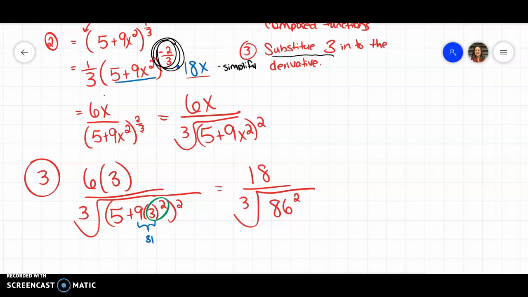Now, typically I would try to simplify that 86, but what I noticed is if I were to try to simplify that radical, that 86 would factor down into 2 times 43, and there's really not anything else I can do there, so I can't simplify that radical.